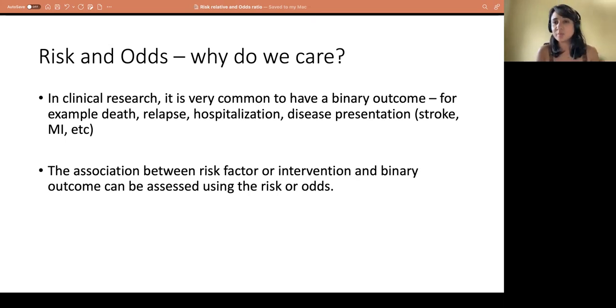And the association between a risk factor or any exposure and a binary outcome, the ones that I described previously, can be assessed using risk and odds and the ratios of each parameter.